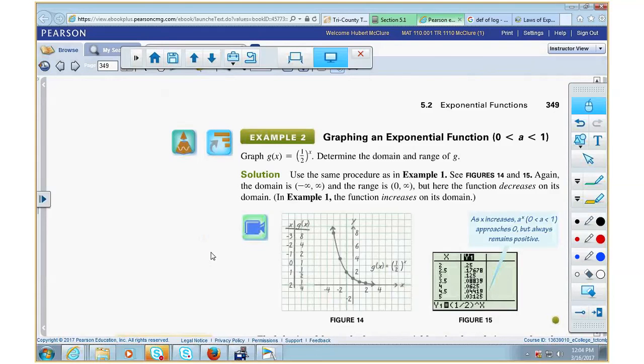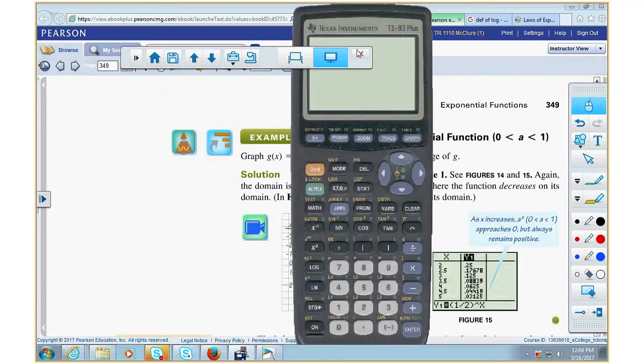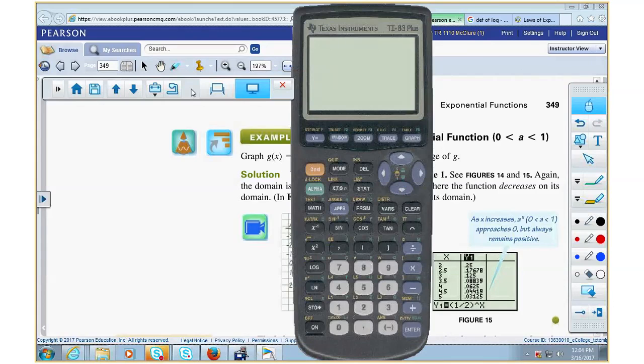Not a big deal. Have 1/2 x, do it on the calculator, and you can do that. Then I'll take the calculator. Y is equal to, this thing gets on my nerves.